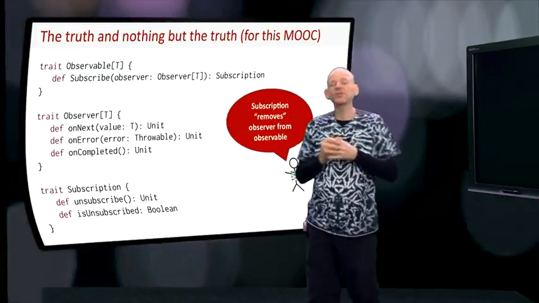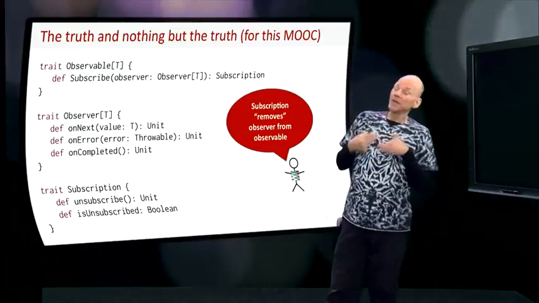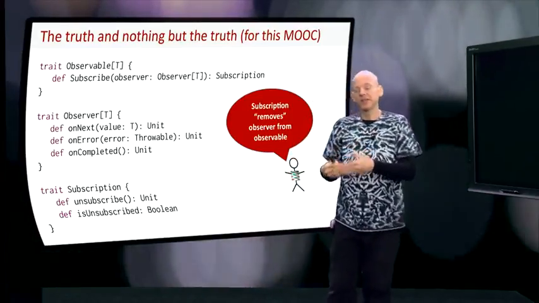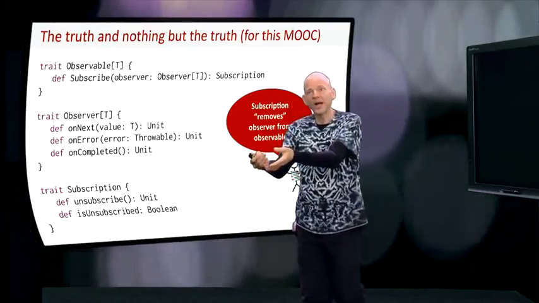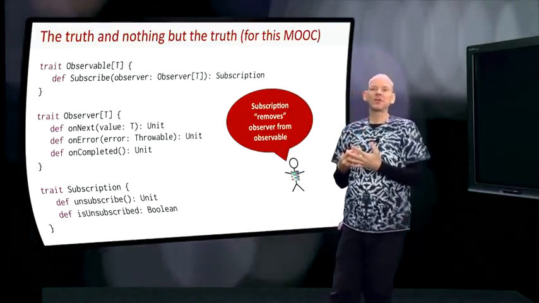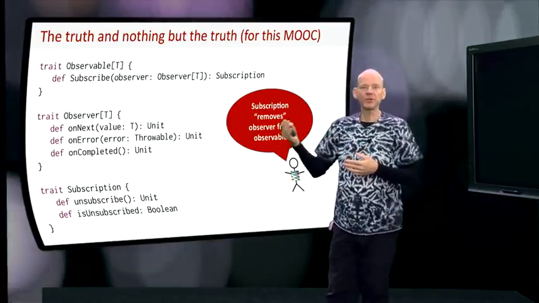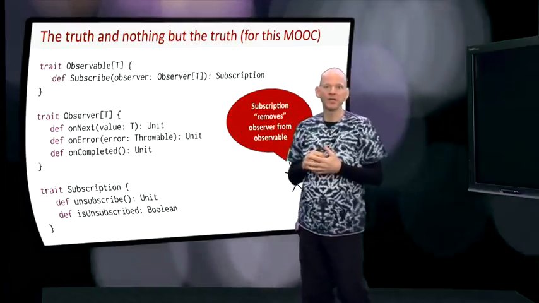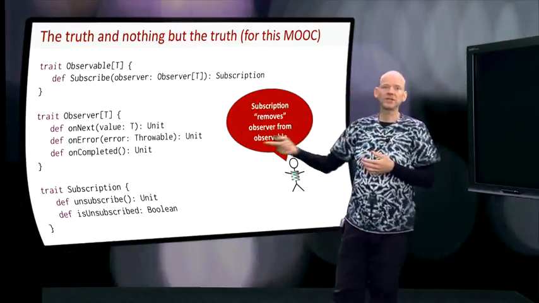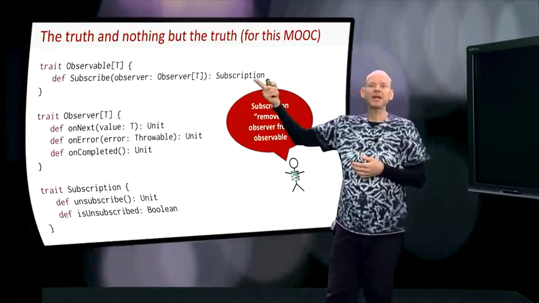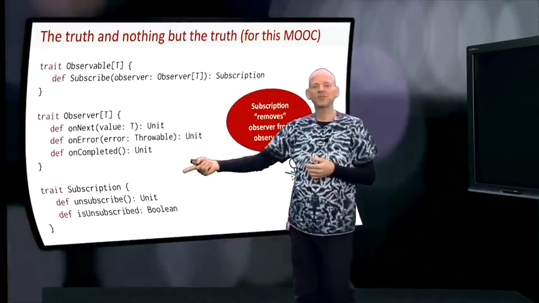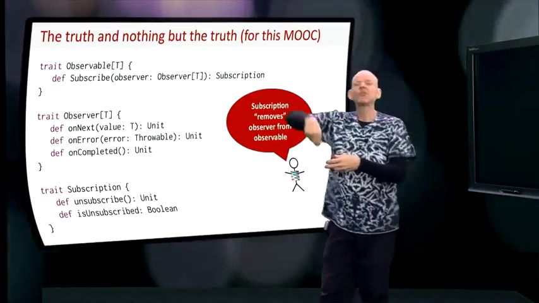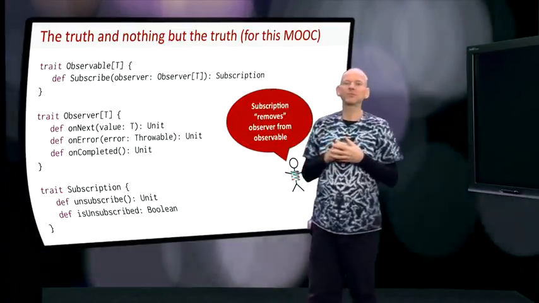Now, the truth is a little bit more complicated, because just like with a button, where you have an event and you add an event handler, a callback, you might want to remove the callback. All right? And what we do here is that when you subscribe to an observable with an observer, what you get back is a subscription, and a subscription is this trait that allows you to unsubscribe, which means remove this observer from this observable.